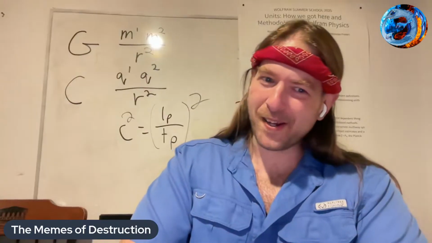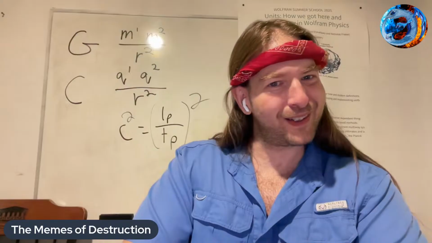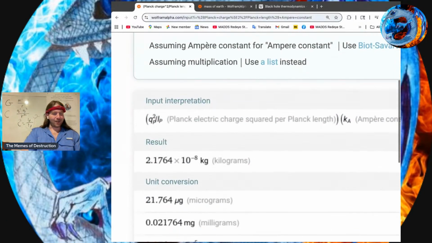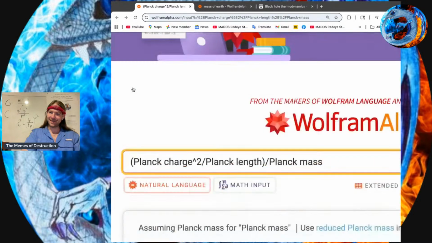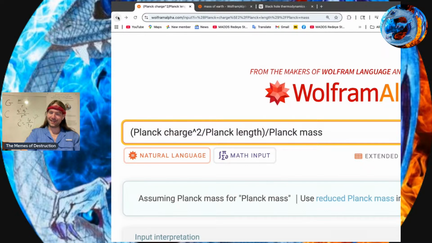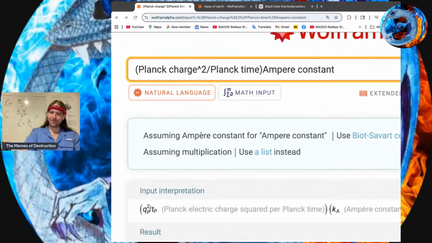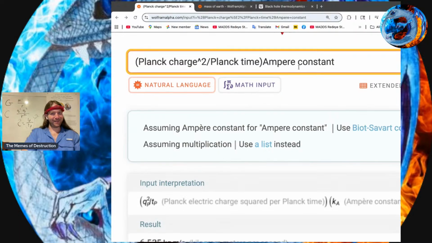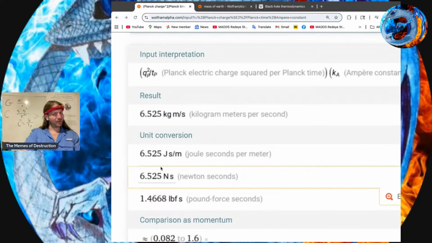Where were we? I should probably finish off the interesting thing I said we were going to go through. Let's back the charge squared. So what have we deduced? Charge squared, and we divide by time. Put in that Ampere constant of magnetic permeability, and we get Planck momentum.